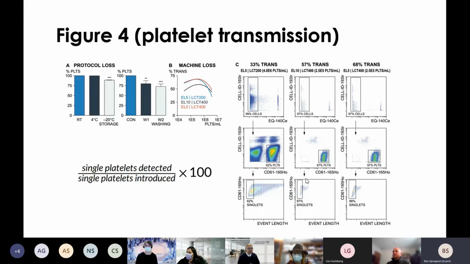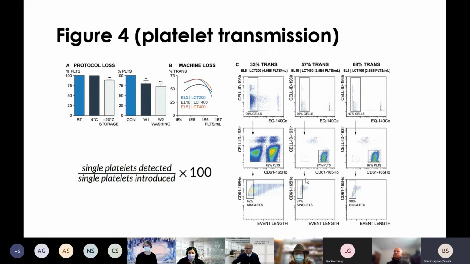And so we mapped platelet transmission throughout the entire protocol, first by looking at platelet loss after cold storage, and then at platelet loss after washing. And in these experiments, the platelet counts were performed by flow cytometry.